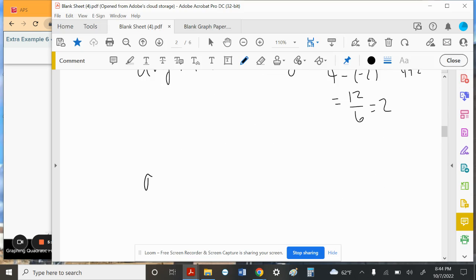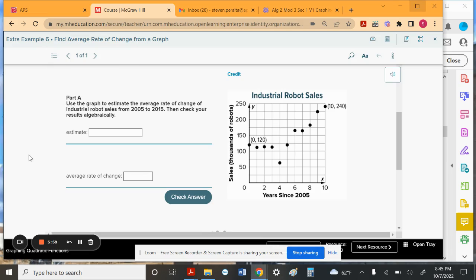So for this last one, I do my average rate of change. My y value is 240 at 10. My y value all the way over here is 120.